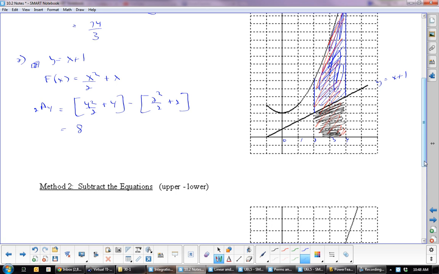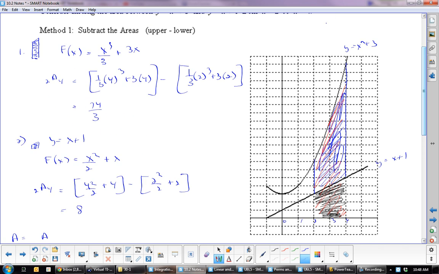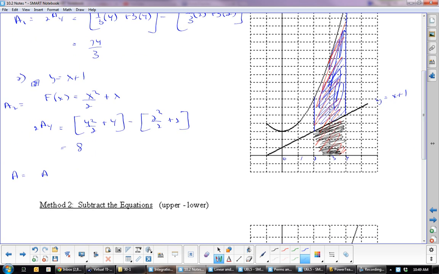Okay, so now area should equal, well, let's call this A1, call this A2. So if we take A1 minus A2, we get 74 over 3 minus 8, which equals 50 over 3.